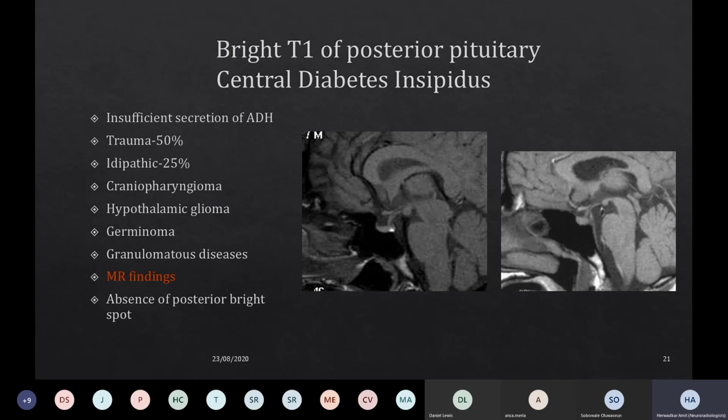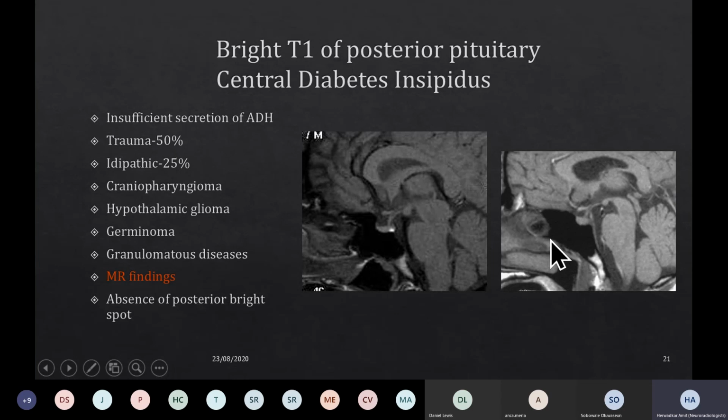Again, I cannot highlight enough why we have to carry on looking for that posterior bright T1 signal, because its absence on a thin section high resolution T1 sequences can mean various pathologies, and these are all the various things that can give rise to absence of that bright T1 signal, leading to diabetes insipidus, and you can realize trauma being the most commonest cause.